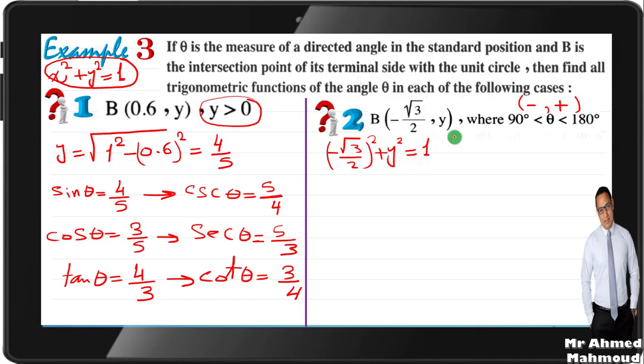I'm going to send this one to the other side. So y equals the square root of 1 minus this number to the power of 2, equals 3 over 4. Don't forget negative or positive. Okay, root 1 minus 3 over 4. Negative root 3 over 2.